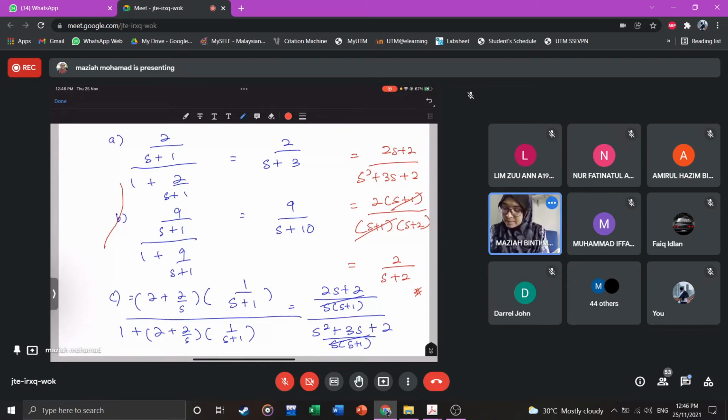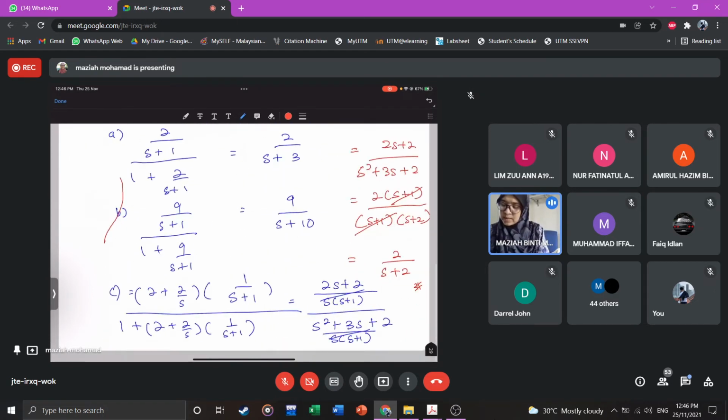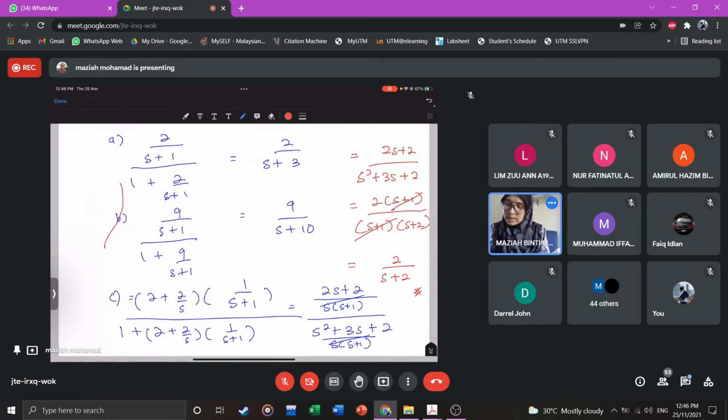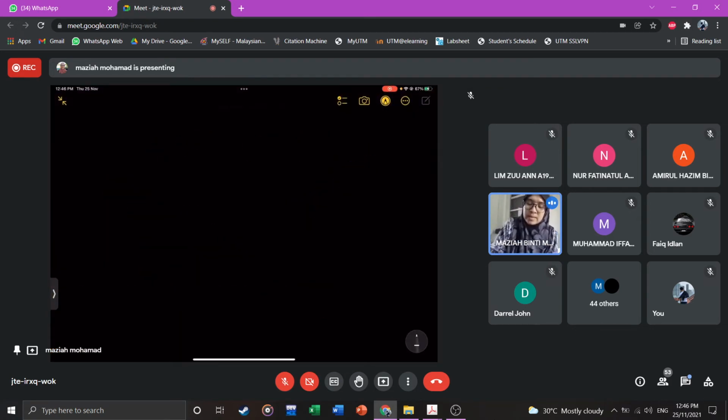Let's do it here. A1, when the gain is equal to 1, the transfer function, let's just use G, it is long to write many times, is equal to 1 over S plus 2.